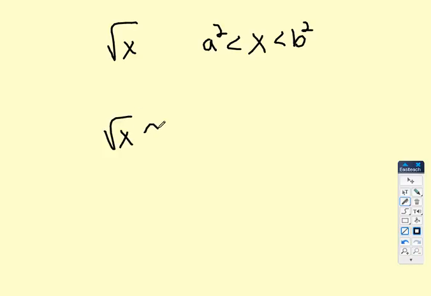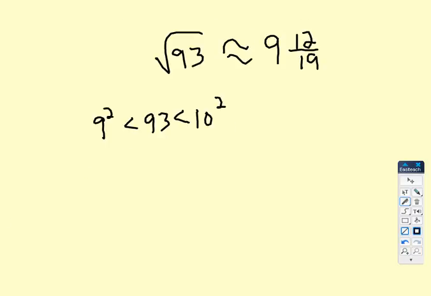I also showed you, if I'm talking about just the square root of x, and we're going to say that x is greater than a squared but less than b squared, then the square root of x is going to be approximately a, my whole number, and if you remember, I subtracted 93 minus 81.